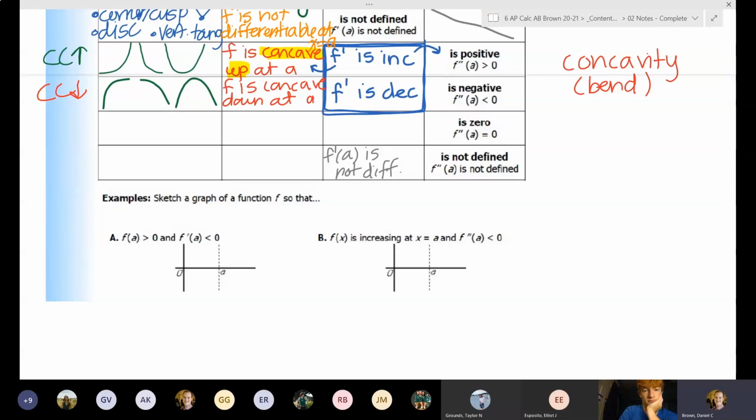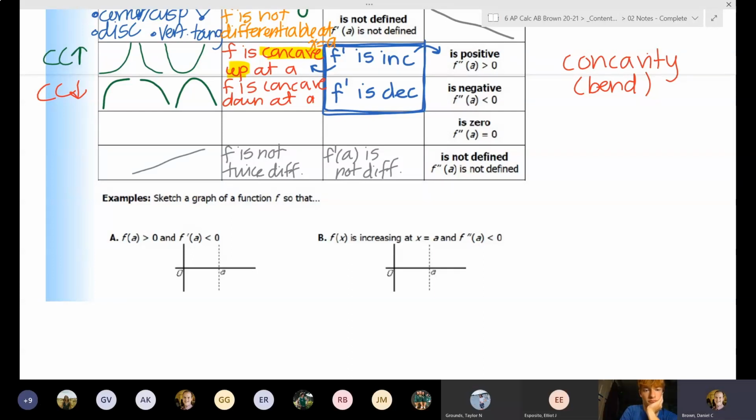And if there's no second derivative, then the original function is not twice differentiable, meaning you can't take the derivative of it twice. But it's not really an interesting thing on the graph. I'm going to leave it blank because there are lots of different things that could be happening there. We just aren't quite sure without more information.